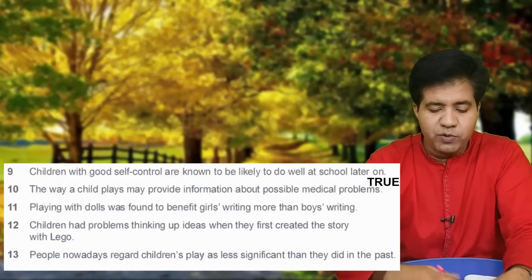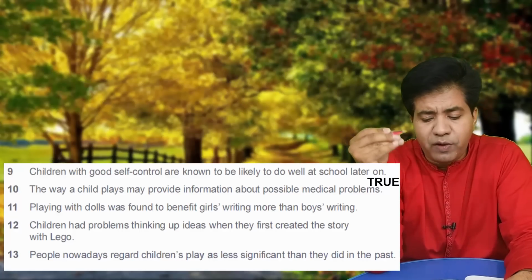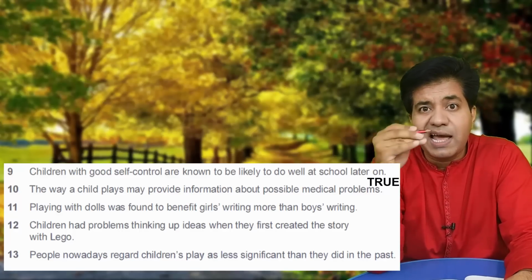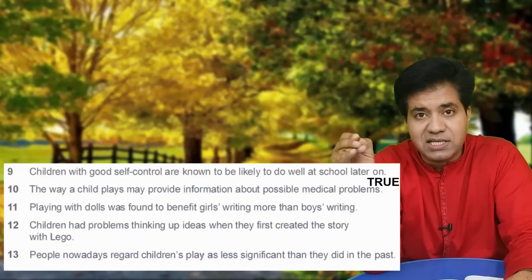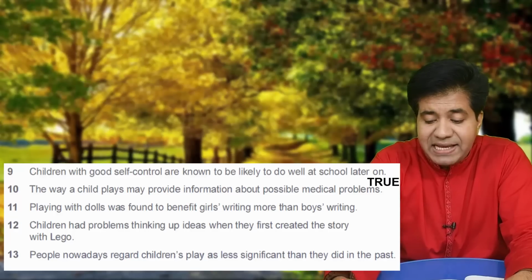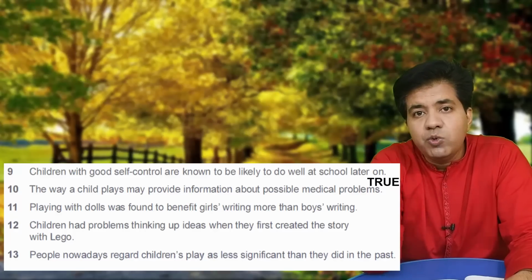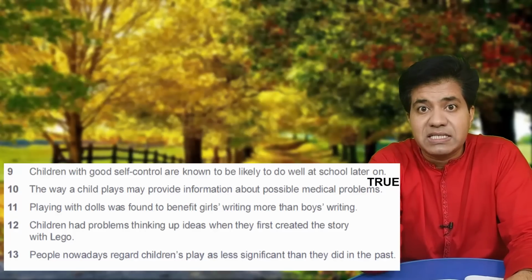Let's go on. Question number 10. The way a child plays may provide information. Now remember, in true, false, not given, they always use words like may, likely, chance and all that. The way a child plays may provide information about possible medical problems. Now for medical problems, they might use the name of any disease, right?